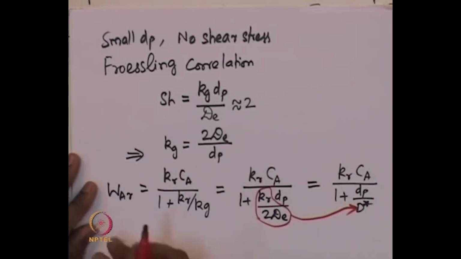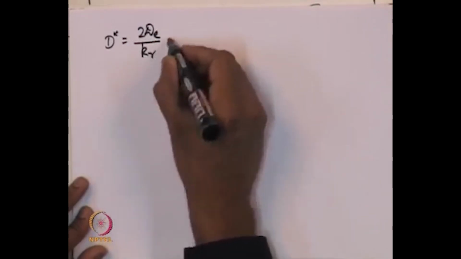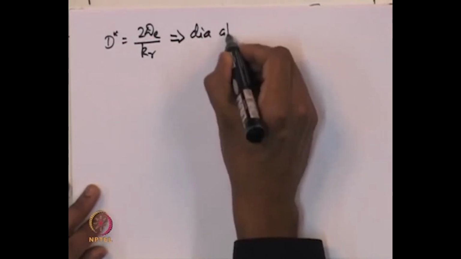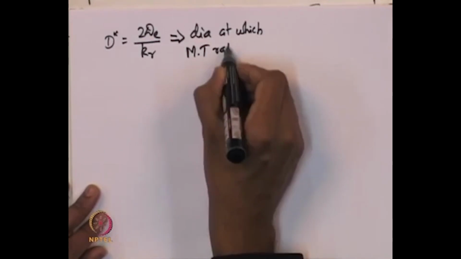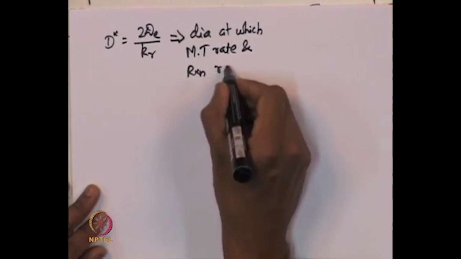The meaning of d star is that it tells you the diameter at which the mass transport and the reaction rates are equal. The expression for d star is 2 D_AB divided by Kr, essentially the diameter at which the mass transport rate and the reaction rate are equal.